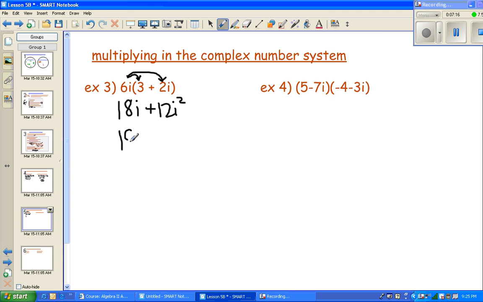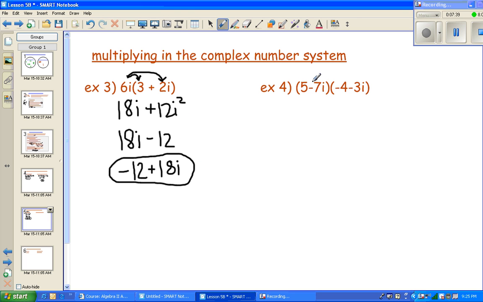So that's going to give us 18i. Since this is negative 1, that's going to make that a minus 12, which typically we're going to write as negative 12 plus 18i, because complex form has the real part coming before the imaginary part.